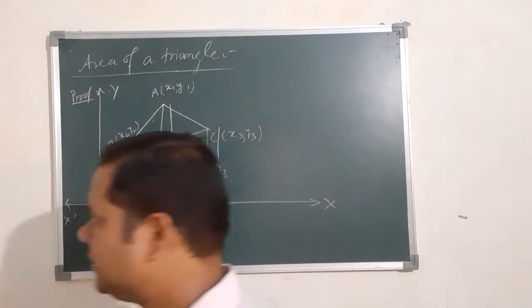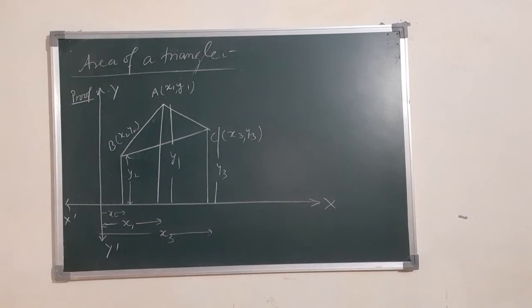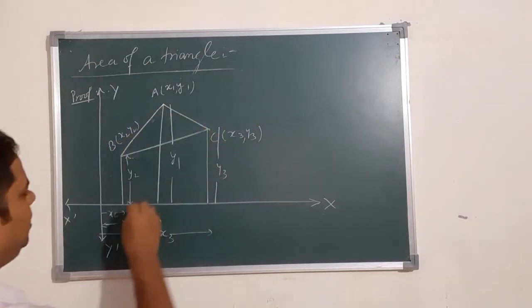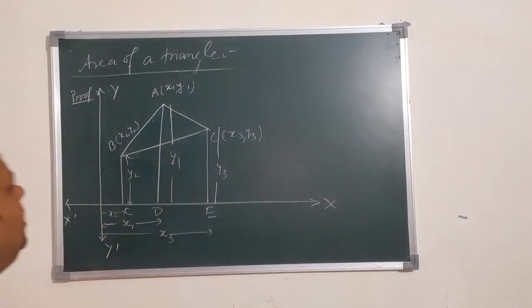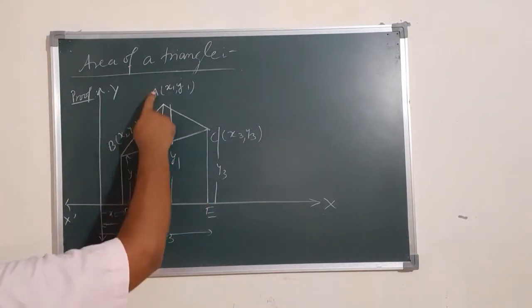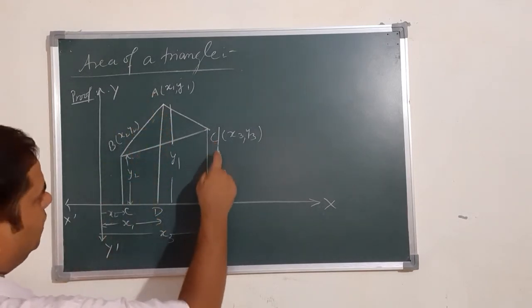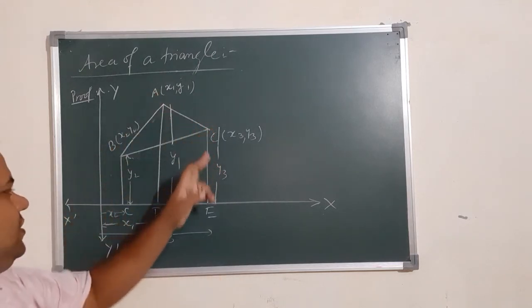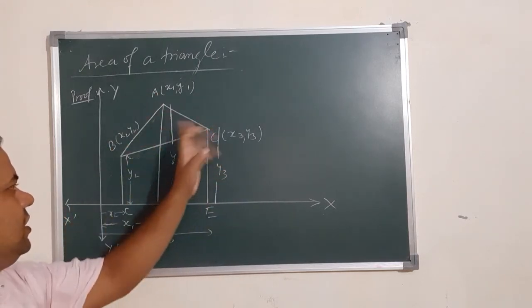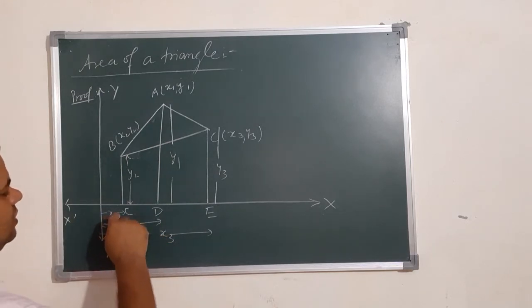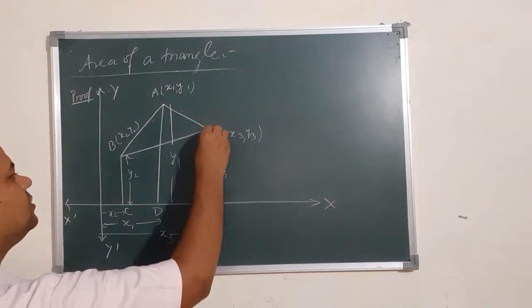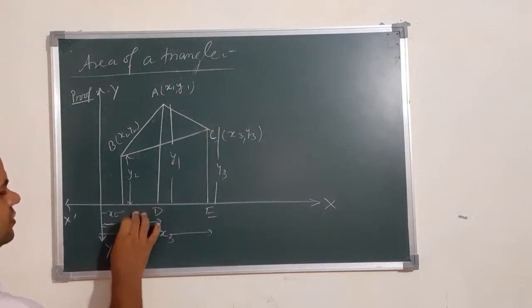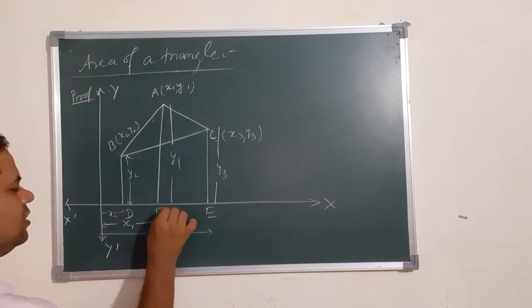So if you see, there are three trapeziums. First is ABDE, second is AEFC, and the last one is BDFC.